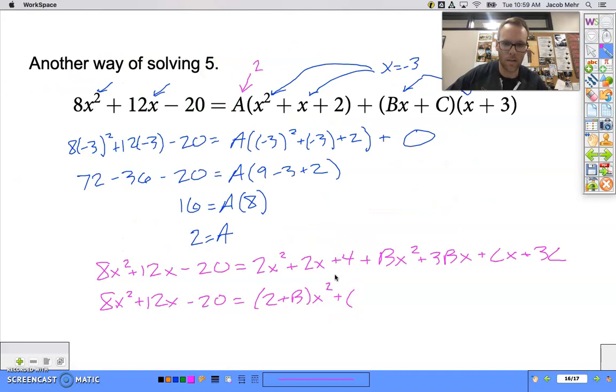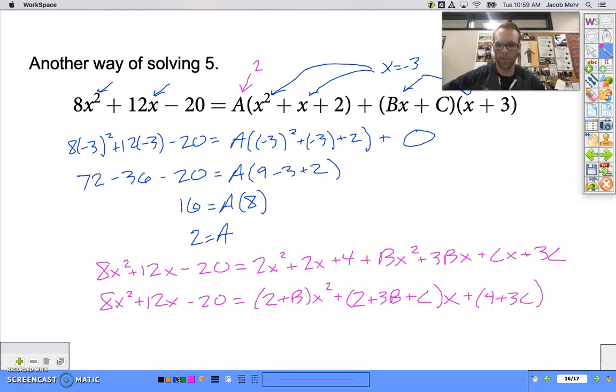How many x's? 2 plus 3b plus c x, and our constant term is 4 plus 3c.